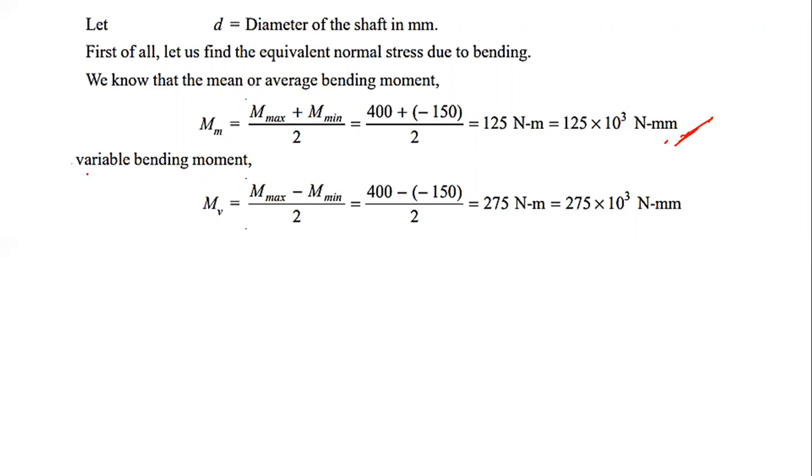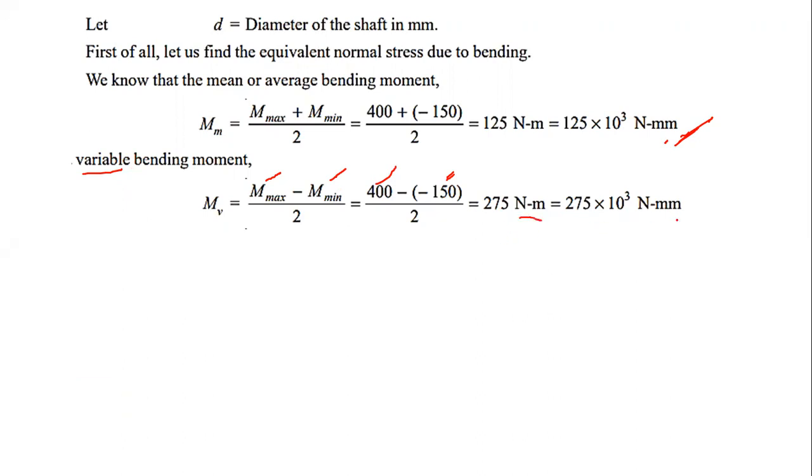In similar way, already we know the formula for variable bending moment. Variable bending moment equal maximum minus minimum by 2. So maximum bending moment equal 400 and minimum bending moment equal to minus 150. So 400 minus of minus 150 equal to 275 Newton meter.